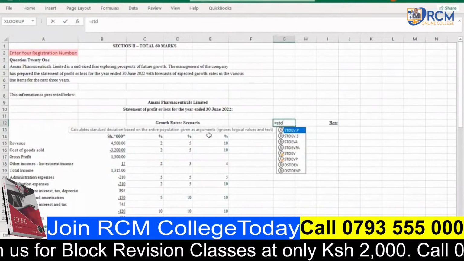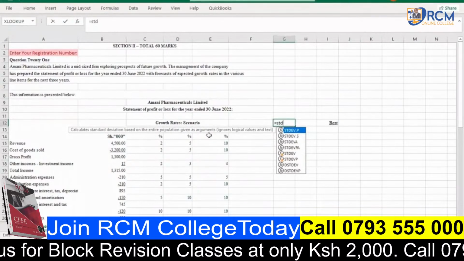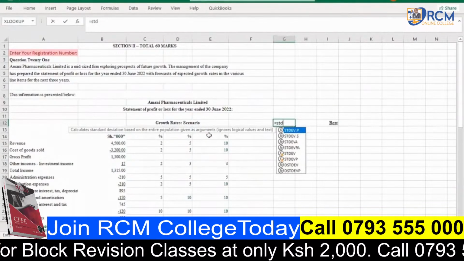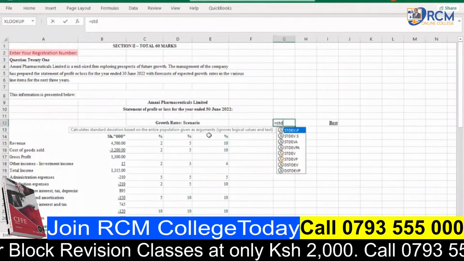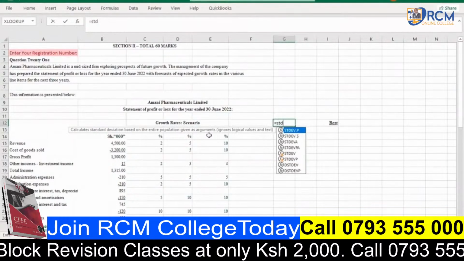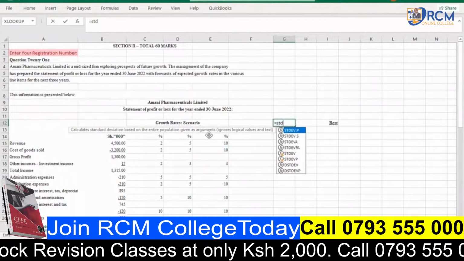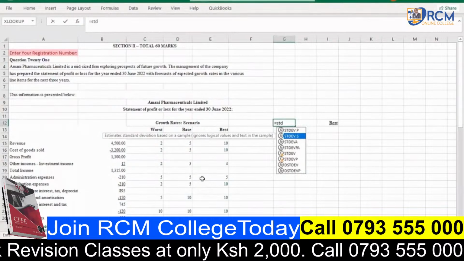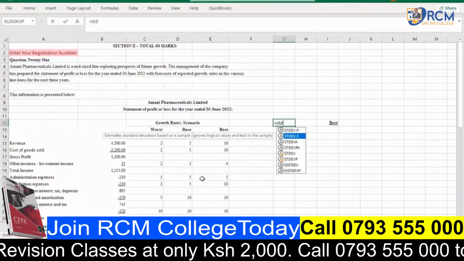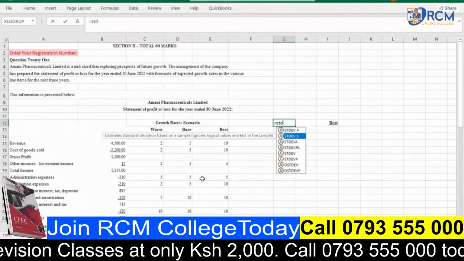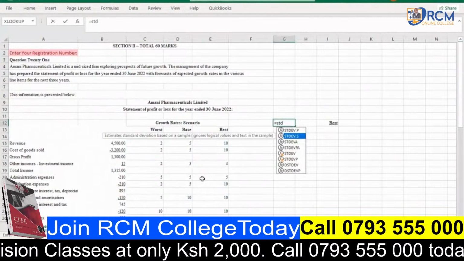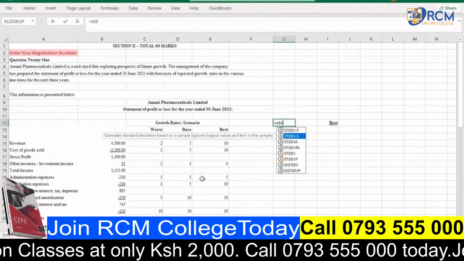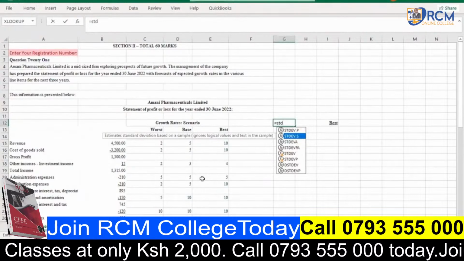Compute the standard deviation of an entire sample. Okay, let's get to standard deviation S, just below that. What does it tell us? Estimate standard deviation based on a sample. So standard deviation S computes the standard deviation of an entire sample.